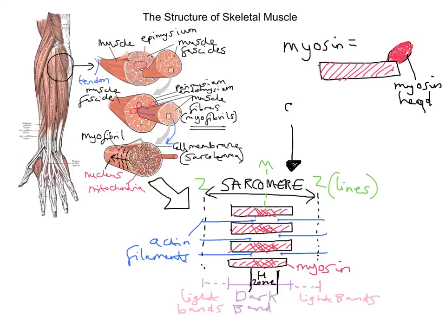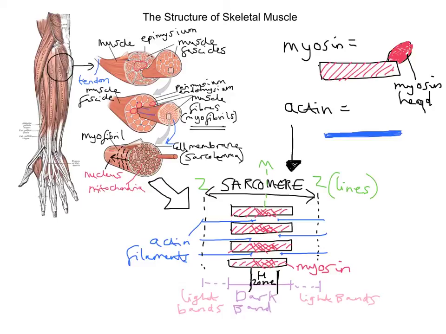If we were to look at the actin filament a little bit closer, so let's put in our actin filament here, it's much thinner. Then we see something quite special around that filament.